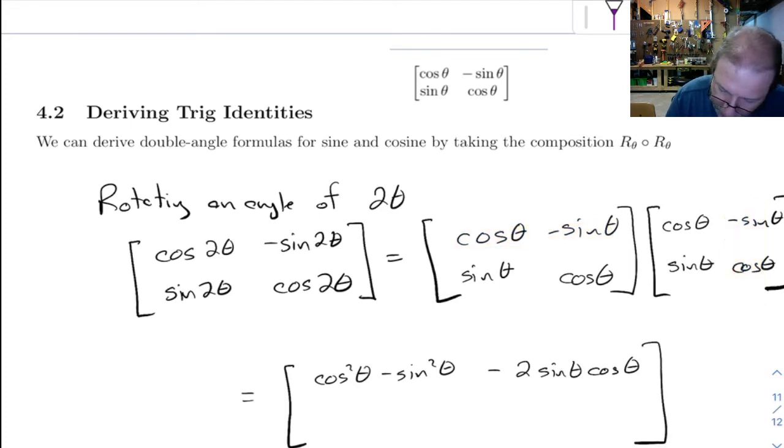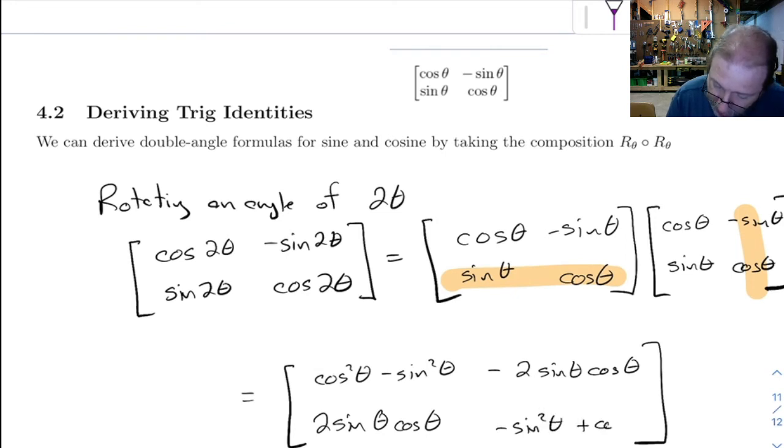And then when you do the bottom row, this times this will give you, again, 2 sine theta cosine theta. And when you do the last, that's going to give you minus sine squared theta plus cosine squared theta.